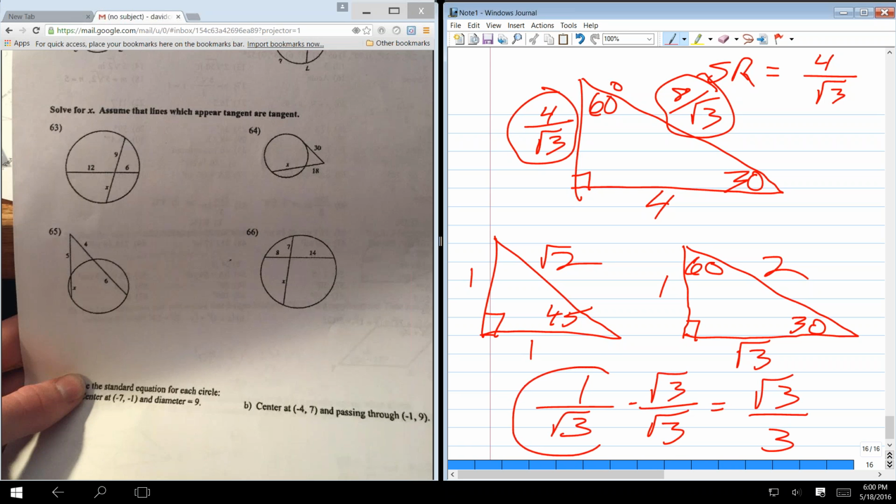So this is the same as this, but the one on the right is a proper answer. The one on the left they won't like. You'll lose points because you gave an irrational denominator. So you always have to rationalize a final answer. You have to rationalize the denominator.